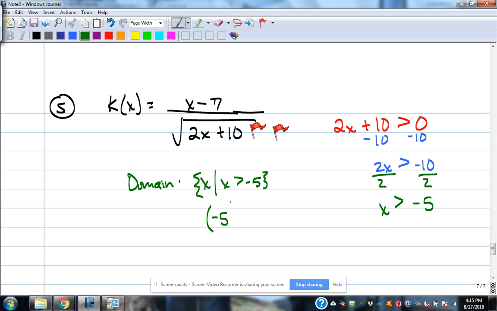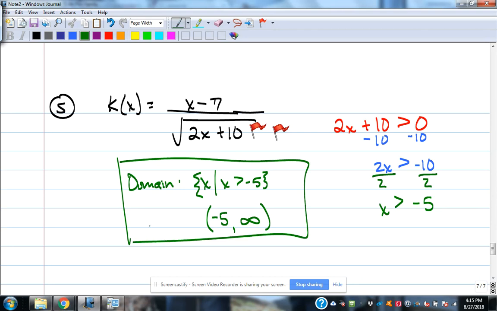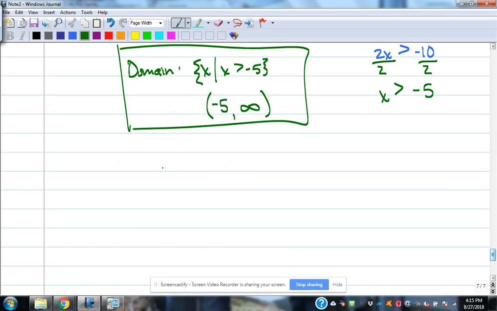If we had the equal to mark, it's a bracket. So it's a parenthesis, and then it goes up from there toward positive infinity. So there's the interval notation for that one. Yes, ma'am, that's correct. Bracket is with the equal to mark on the inequality; parenthesis, there's no equal to mark.